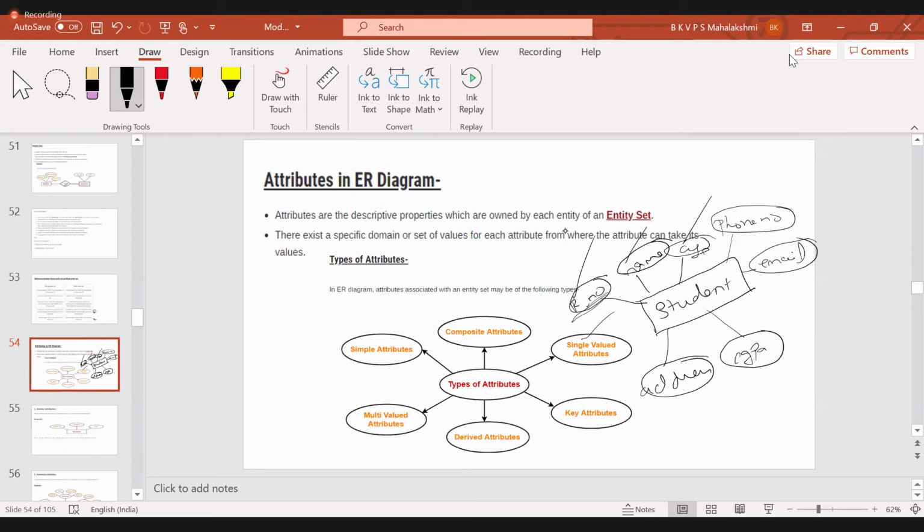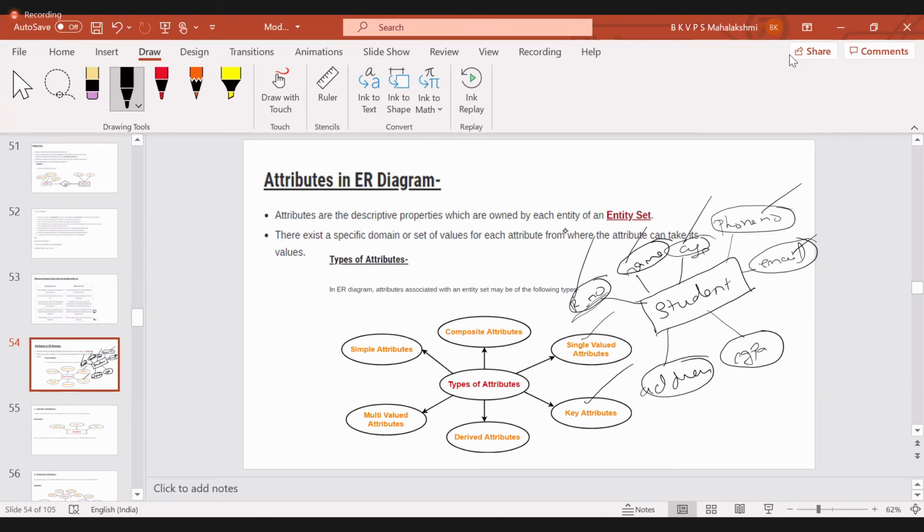Understand? So that is the key attribute. And coming to the derived attribute. By the name itself, we can say that it is an attribute which is derived from some other attribute. You will not get this directly. Suppose CGPA.